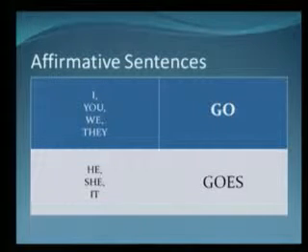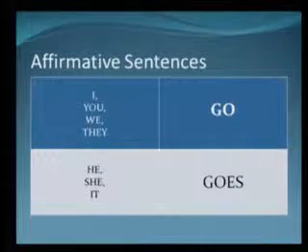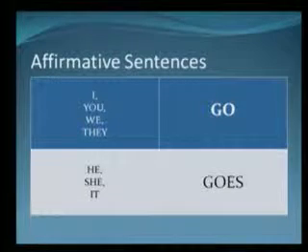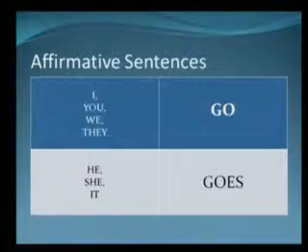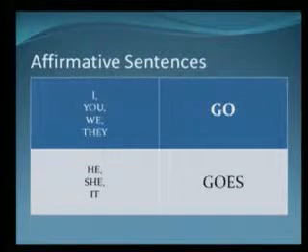Here play will have an s as an addition. Is that clear? Like we have es with go, we have only s with play. So this was just an example where you can have an s with the verb. These are a few examples of affirmative sentences.